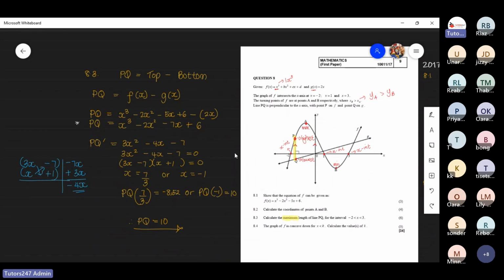In order for you to find the stationary points or turning points, you derive once, equate to 0, solve for x. Once we found our x values, we needed to identify which gives us a maximum and which gives us a minimum. We need the maximum, not the minimum. So that is why we took that value of 10, because that is the maximum length of PQ. So that is question 8.3.